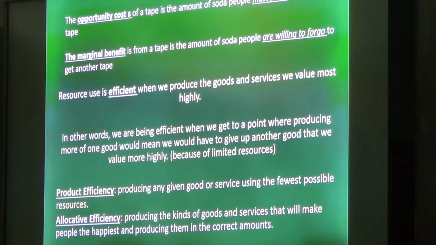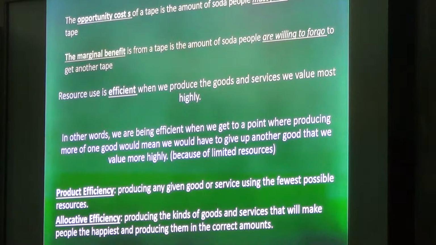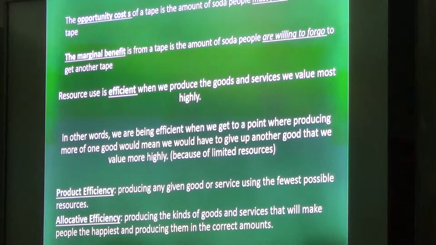So, which part was efficient? Efficient, okay. When we produce the goods and services that we value most highly, we're being efficient.